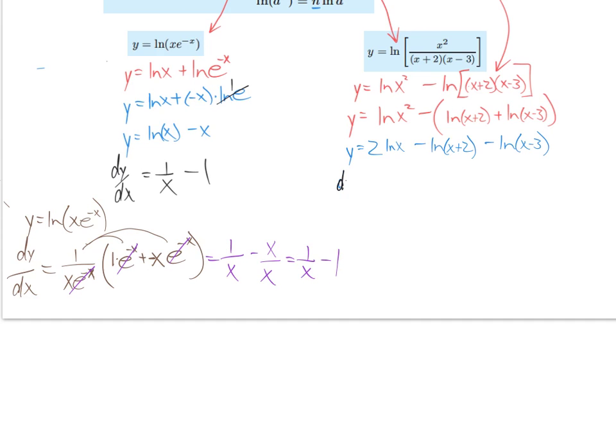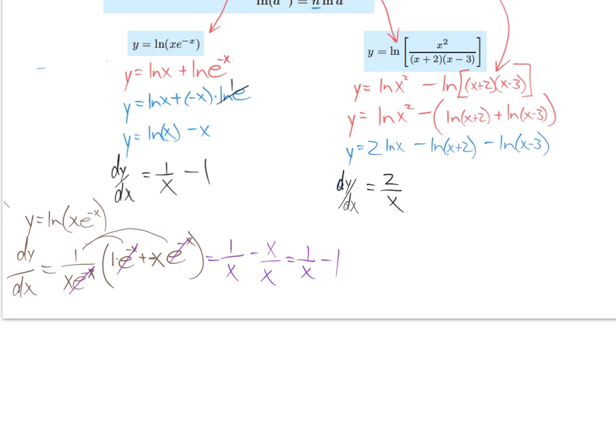So, dy dx is, what's the derivative of 2 ln of x? Oh, it's 2 over x, there you go. 2 times 1 over x, so 2 over x. Remember, constant multiple, just take the derivative of ln of x, multiply it by the constant.